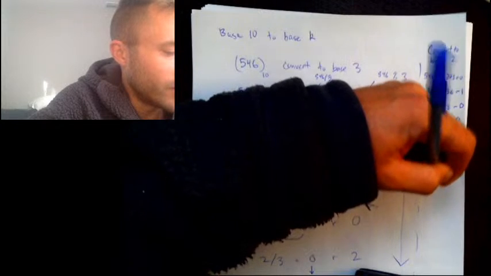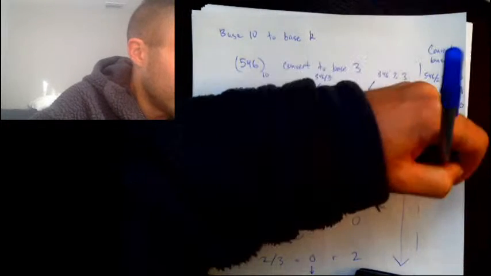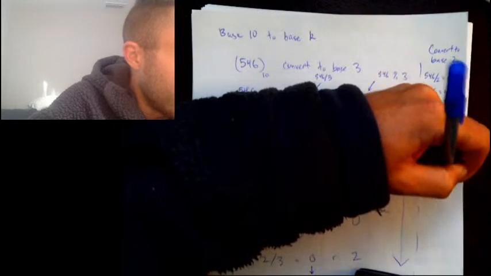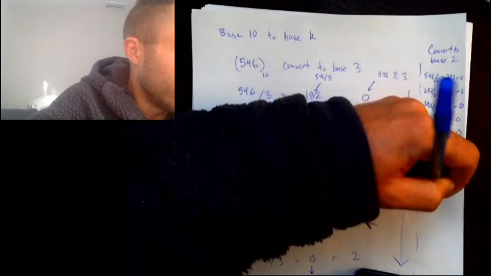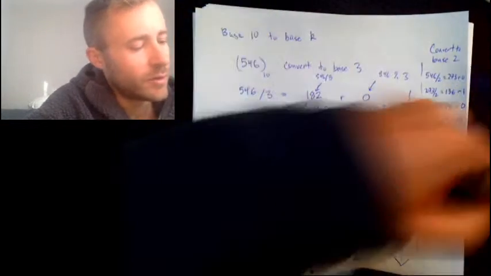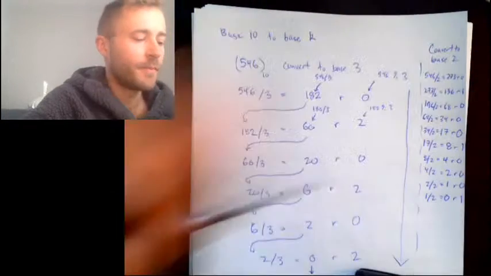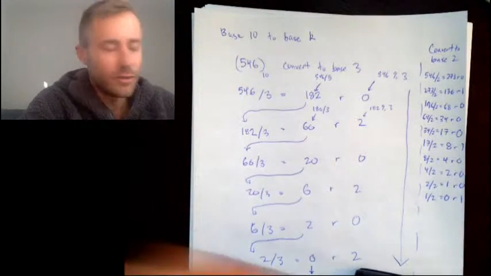And then 2 divided by 2 is 1, remainder 0. And then 1 divided by 2 is 0, remainder 1. So I've reached 0.